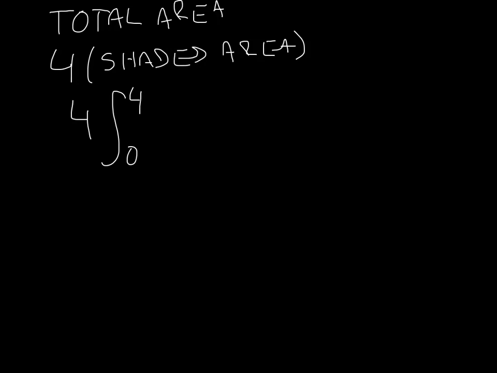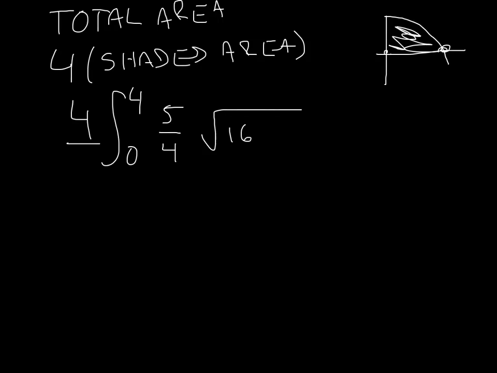It's 0 to 4 because, like I mentioned, we're only going to find the first shaded area, but we're multiplying it by 4 because there are 4 sides to it. So we have 4 times the integral from 0 to 4 of 5 over 4, the square root of 16 minus x squared dx.